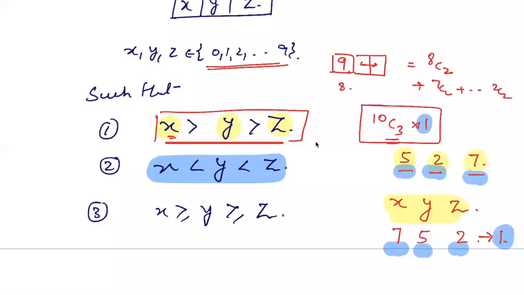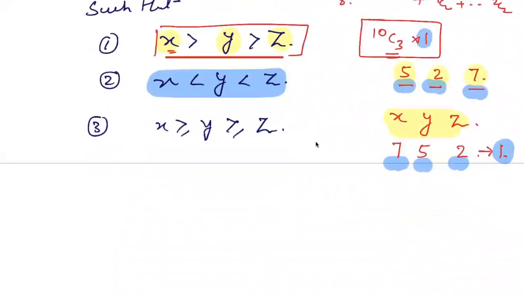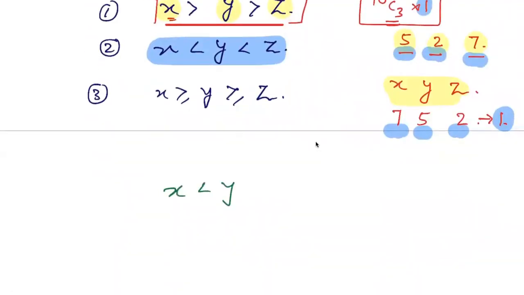So in the second case, obviously 0 is there, right? If you are selecting 0, with X less than Y less than Z, then 0 must go to X. If I'm putting 0 to X, this will not be a 3-digit number.